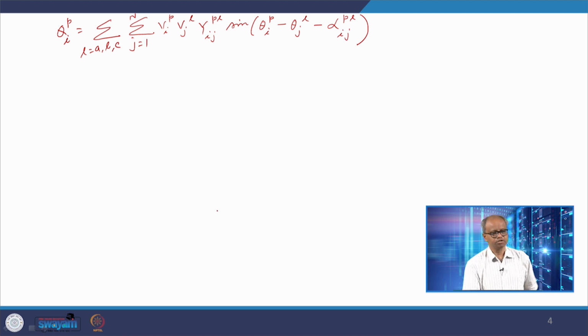So this is the expression of QIP, which we have also seen, and this is also a function of x, correct.